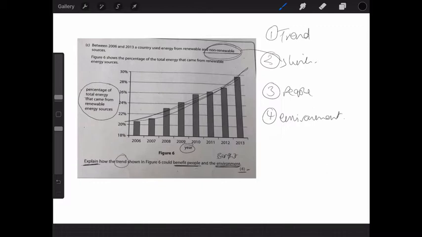And for the environment, using renewable sources will mean that we don't have to use as many non-renewable sources, so less coal, oil and gas being burnt, being combusted, which means less production of the greenhouse gases like carbon dioxide. And I would be specific and mention a greenhouse gas. So I've mentioned carbon dioxide. So less pollution in the form of carbon dioxide, which is a benefit to the environment. I think that should get us the 4 marks.